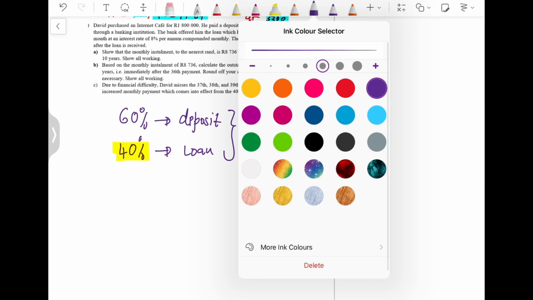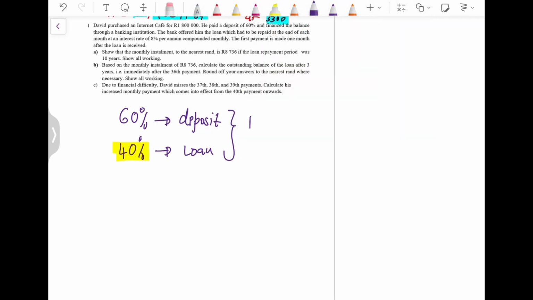So we'll just say 1.8 million multiplied by 0.4, which is the same as 40%. So it will give us our loan amount as 720,000.